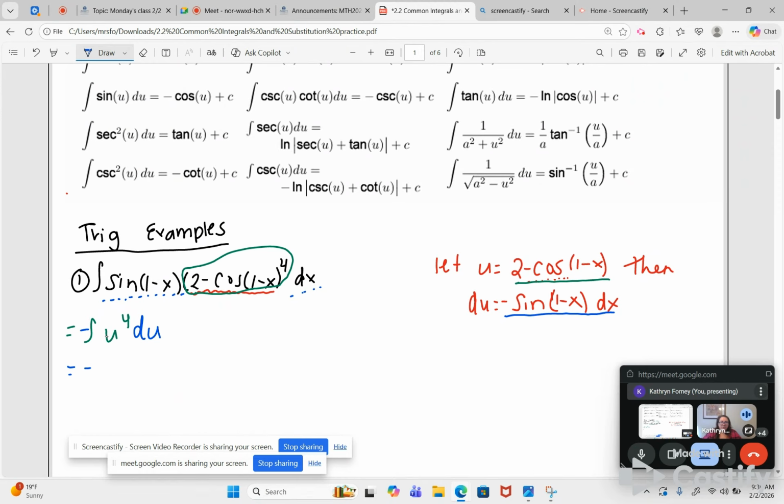And so now the antiderivative of u to the fourth is u to the fifth divided by 5. So that's negative (2 minus cosine(1 minus x)) to the fifth divided by 5 plus c.